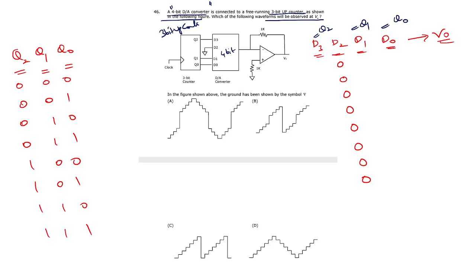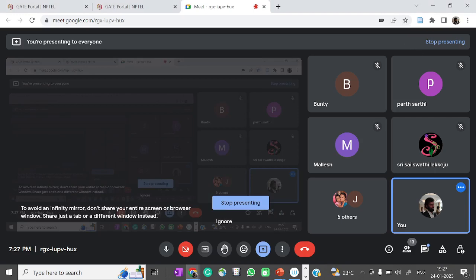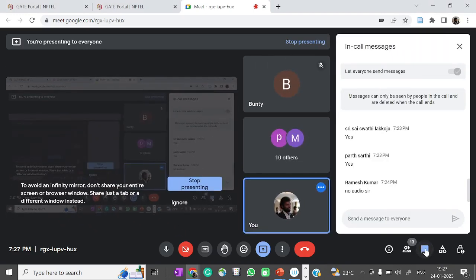Which option could be best? Any answers?